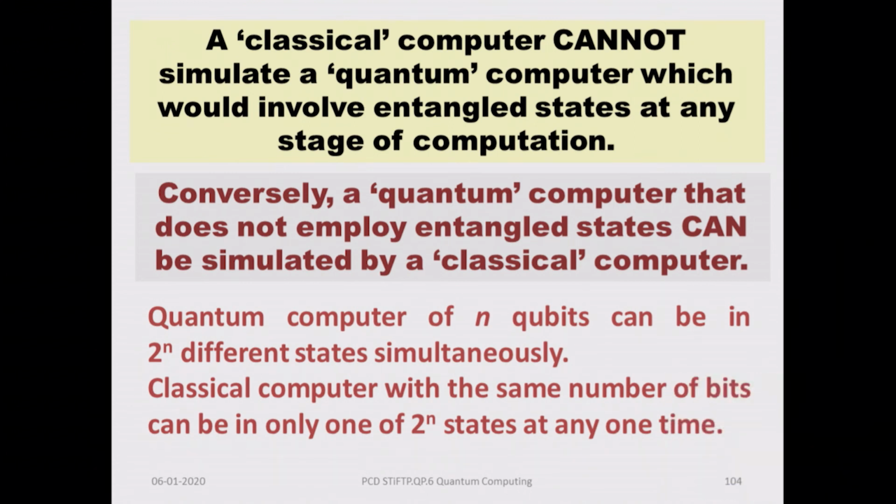So, a quantum computer with n qubits can be in 2 to the power n different states simultaneously. Okay? Now, what an amazing achievement this is. You know, an exponential function is awesome.